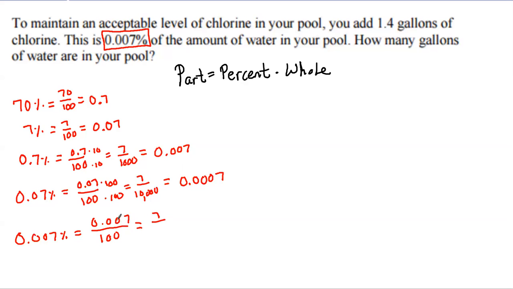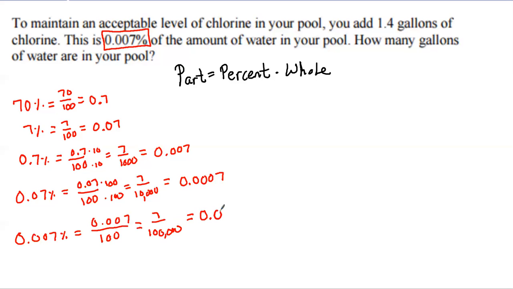So that's going to be 7 right there. And 100 times 1,000 is going to be 100,000. 100 has 2 zeros, 1,000 has 3 zeros, so whenever you multiply those two numbers, you're going to have 5 zeros. So this is 7/100,000ths. Now we've got to make sure that this 7 goes in the 100,000ths place.